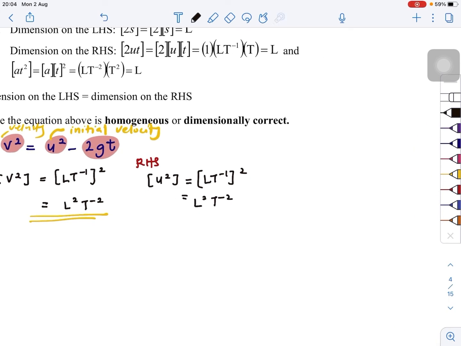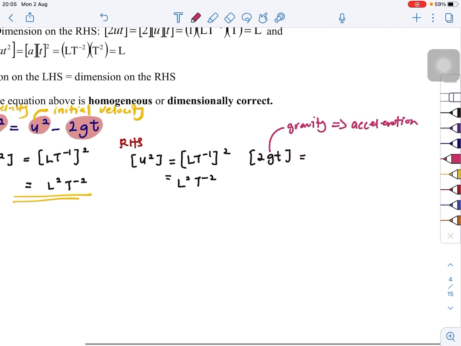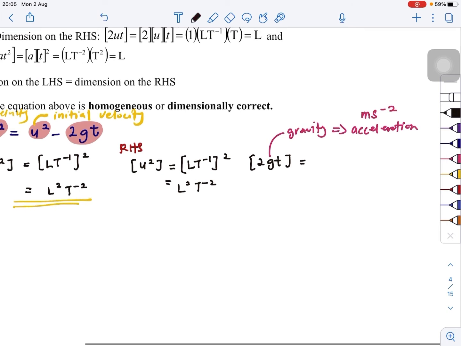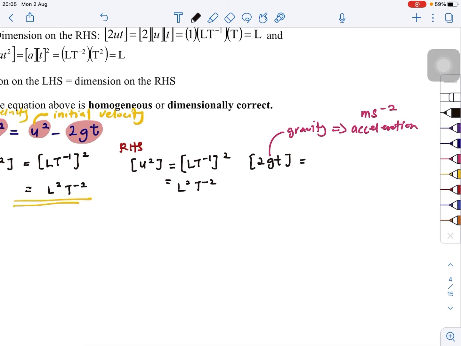And then last one, we have 2GT. Okay, G di sini adalah gravity. Dan gravity adalah actually same with acceleration. Benda yang sama dengan acceleration. So acceleration, dia punya unit adalah meter per second square. Okay, so 2 ni tidak akan ada dimension.